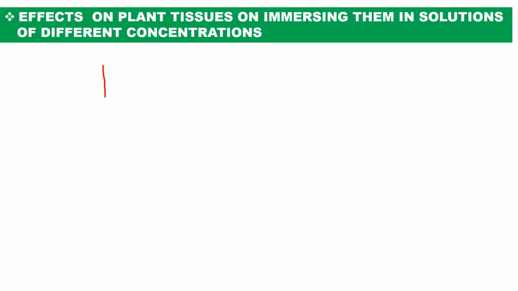Now let me put this first part. When we talk of this solution, it can be a sugar solution or a salt solution. So let me put this one to be the sugar solution.